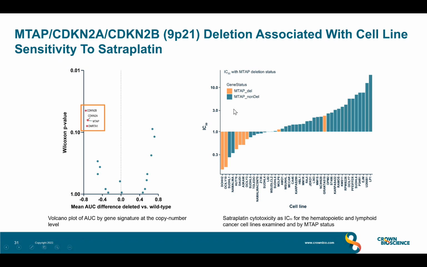On the right panel, the IC50 values of hematopoietic and lymphoid cell lines are shown, and the cell lines with MTAP deletion are highlighted in orange and tend to have lower IC50.